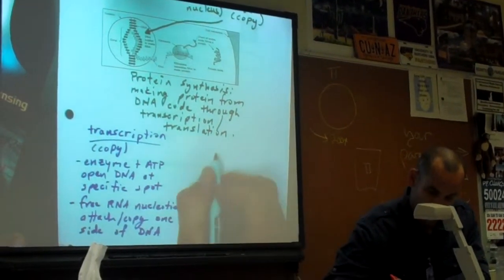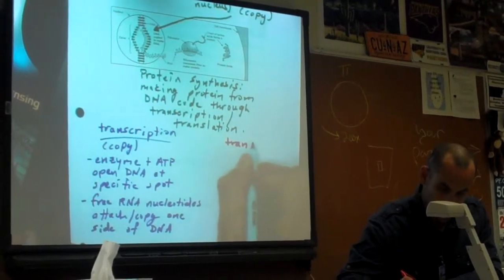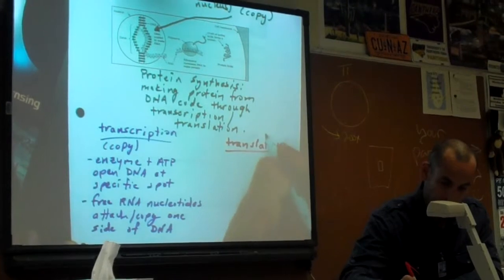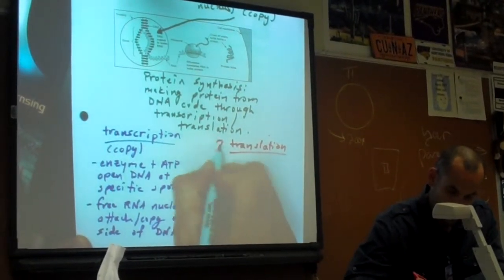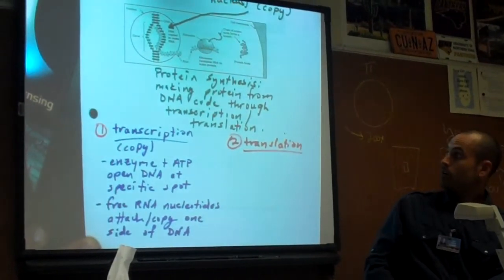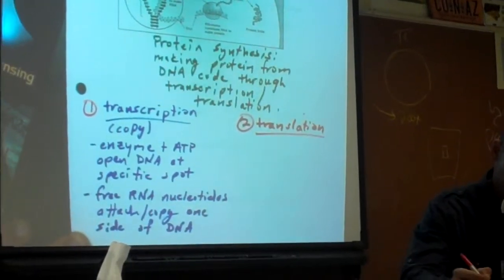So we'll do this. Translation. What happens during the translation process, and then we'll do this. This is your part 1, part 2, 1 and 2. We're going to transcribe first, then we're going to translate.